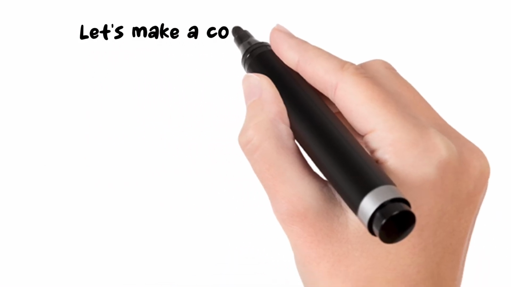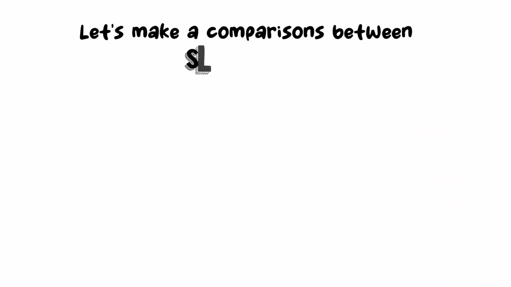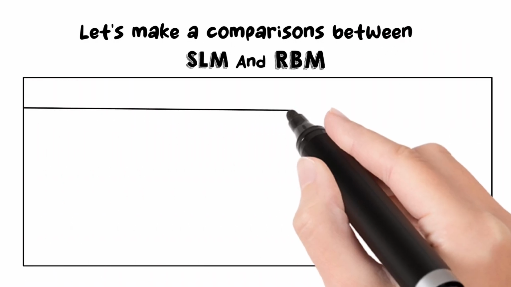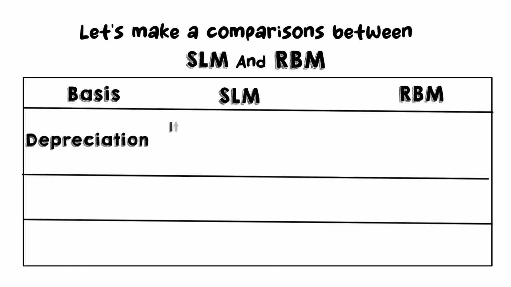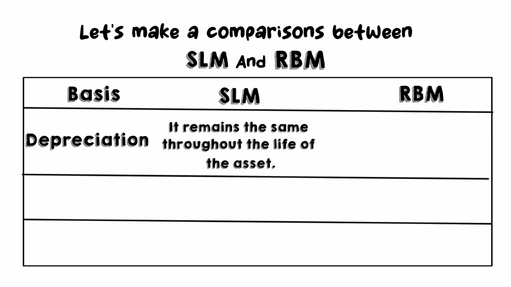Let's make a comparison between SLM and RBM methods. This table shows basis, straight line method, reducing balance method. Depreciation: it remains the same throughout the life of the asset; it goes on decreasing every year.